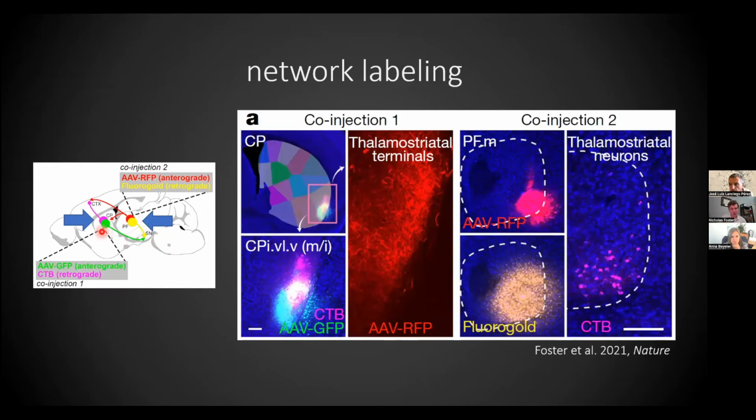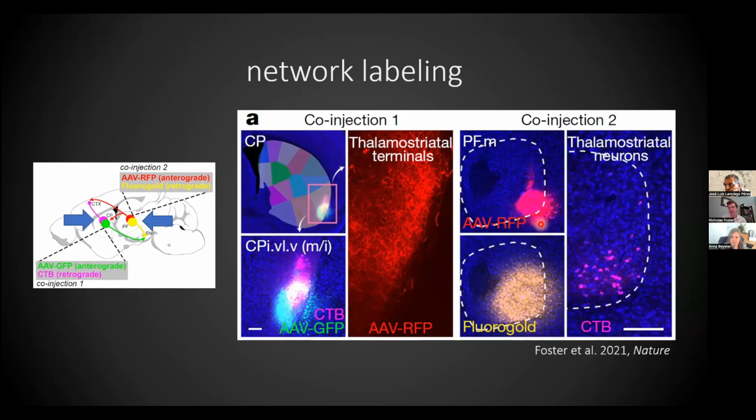So I put one co-injection into the CP and the other co-injection into the opposite node of this loop in the perifascicular thalamus. I targeted the ventrolateral part of the CP here and the ventrolateral part of the PF because I had done some preliminary experiments that indicated that these were networked together, forming one of these loops.